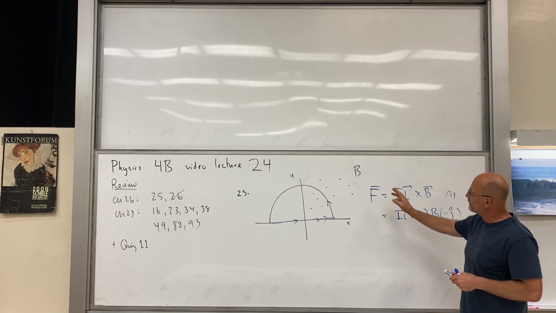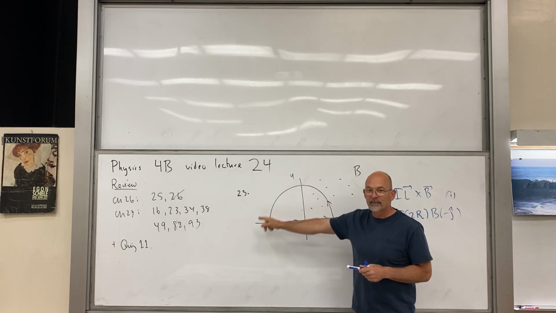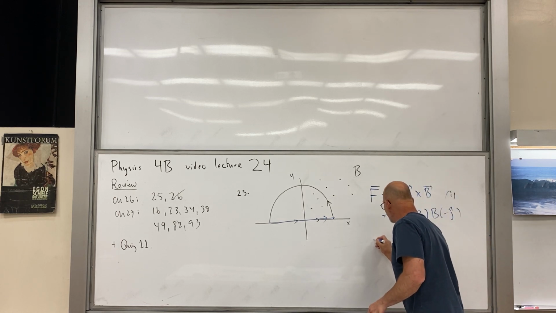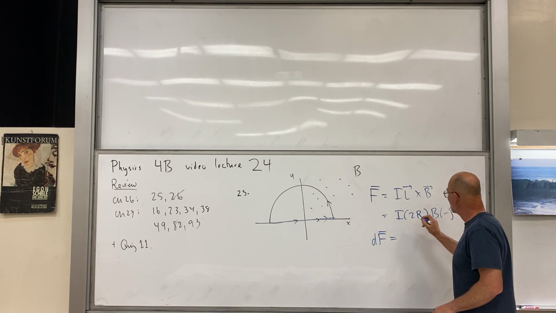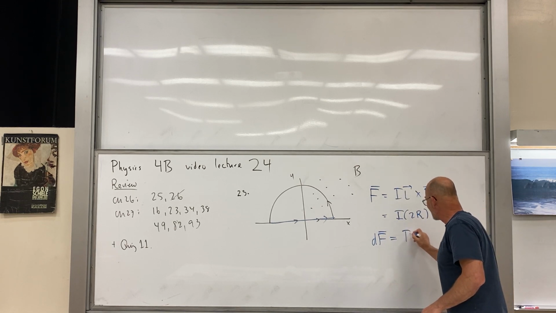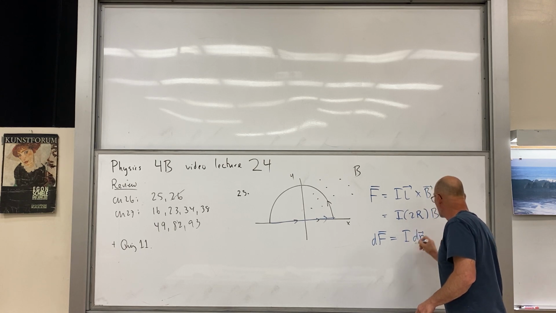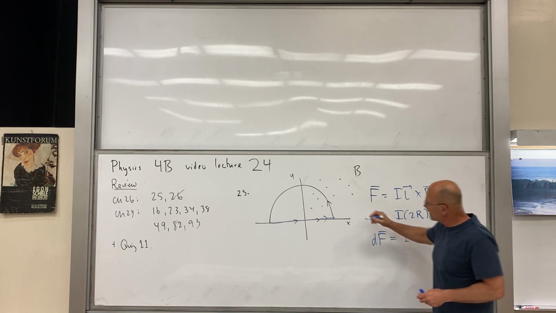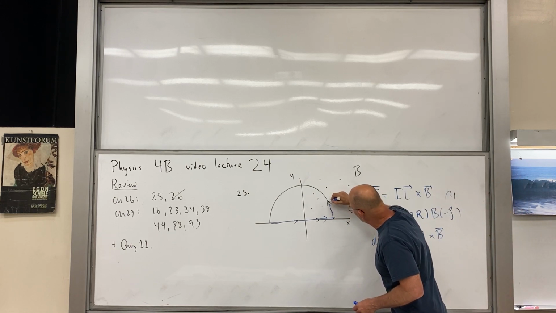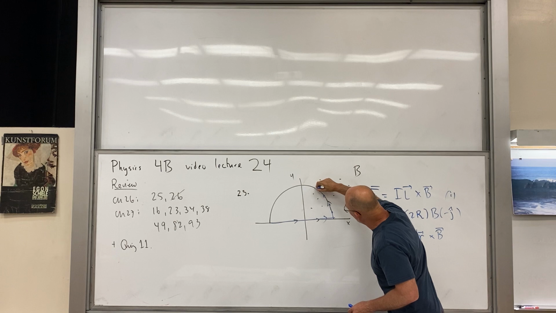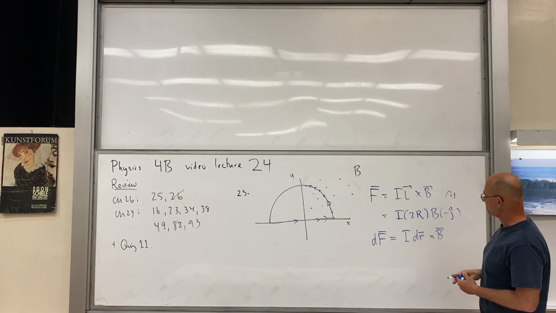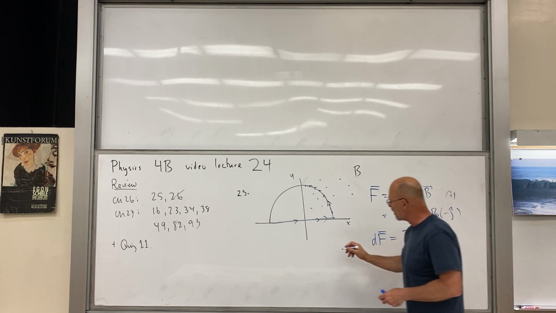Now the force for this curved segment is a little more complicated, and what we'll do is write dF equals I dr cross B. And what is dr? dr is always a little infinitesimal as we move along the arc. So those are all little drs. So we have to ask, what is r?